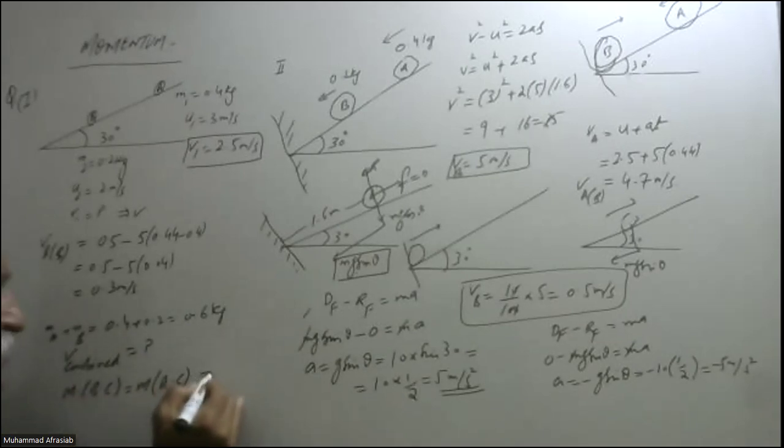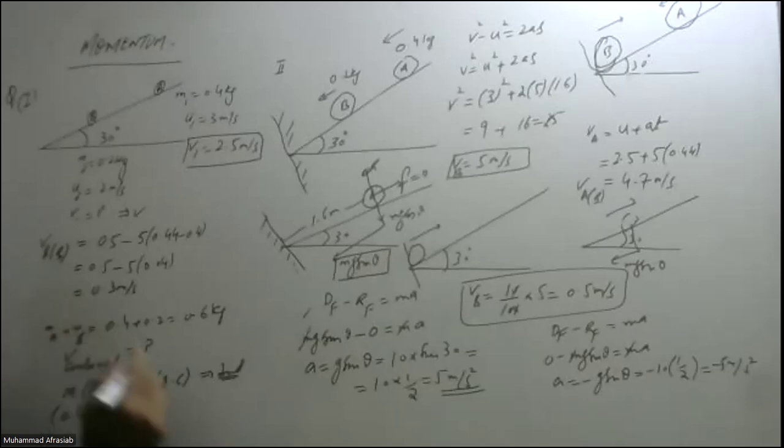It should be equal to the mass of particle A, 0.4, into its speed 0.7, minus the mass of particle B, 0.2, and the speed it is moving, 0.3. We are taking it minus because it is moving in the opposite direction.